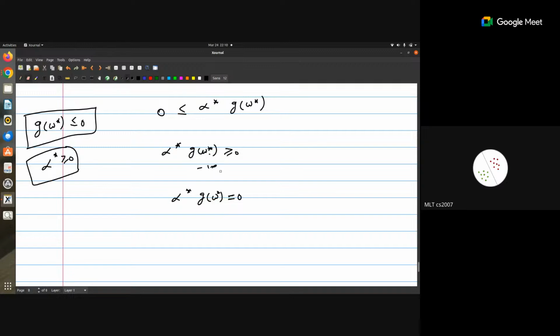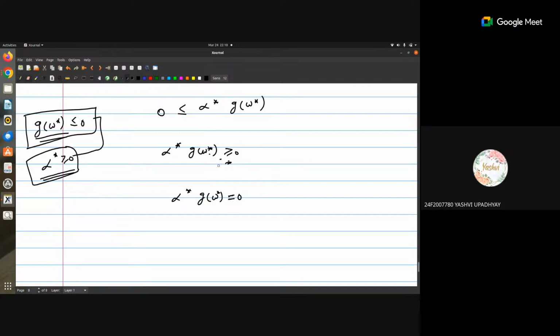The only possible condition is that either this quantity is 0 and this becomes the equality constraint, or the other quantity becomes 0. That is the only possible case when we have these two constraints. Because I know definitely that alpha is not going to be negative, and if g of w star is negative, will the greater-than condition hold true?